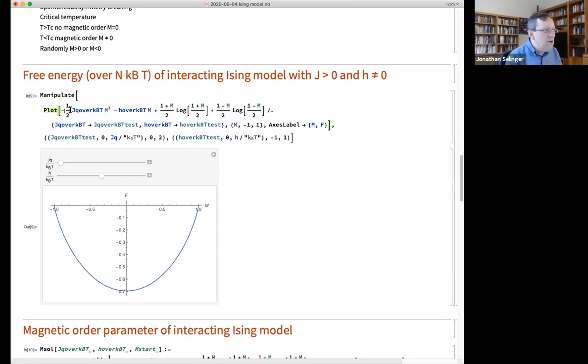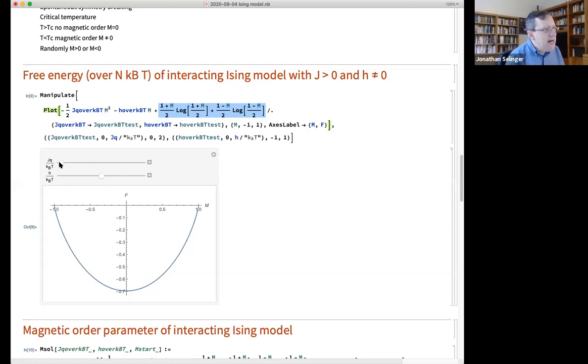So here is the interaction term, the free energy. Here is the magnetic field term, and here's the entropy term. So I have the combination of those things, and now I have two sliders where I can adjust to see the effects of both interactions and magnetic field.